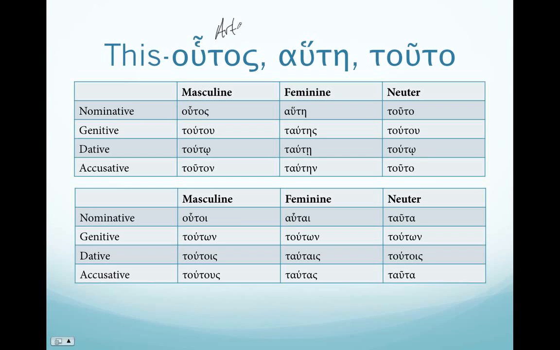So if the article is aspirated, then the demonstrative is. So, hutos, because the article will be ho. Toutou, no aspirate, but the tau because the article will be tou. Touto, touton, but in the plural, hutoi, because the article was hoi.